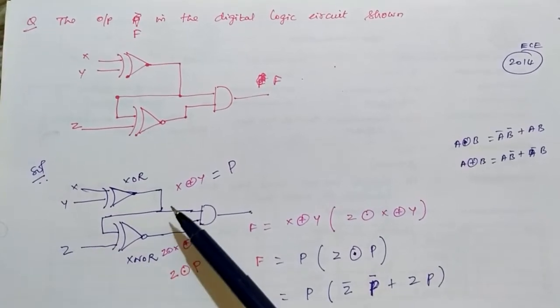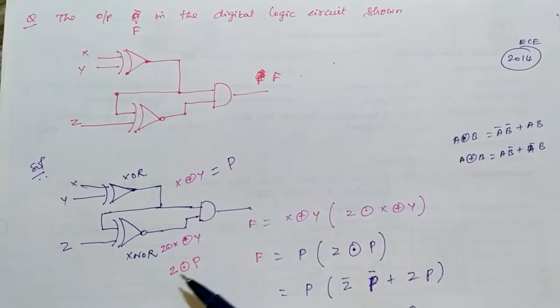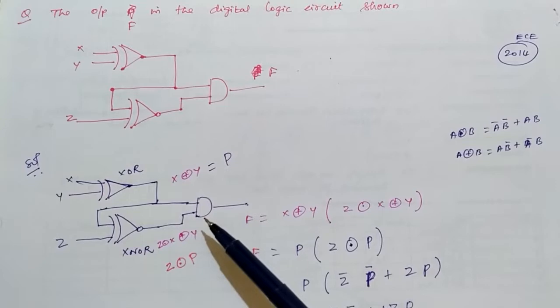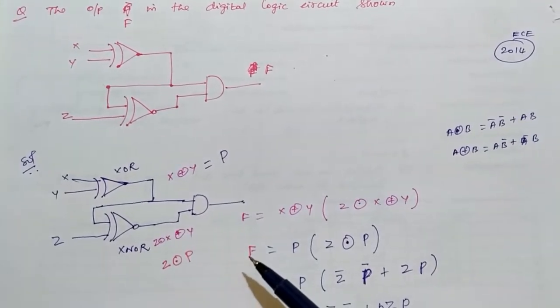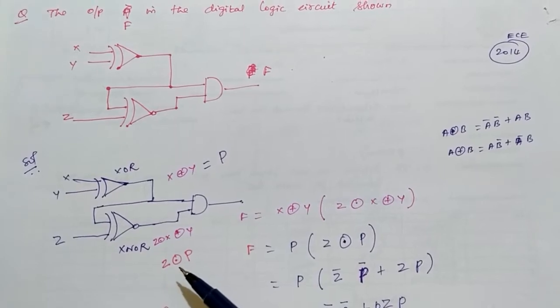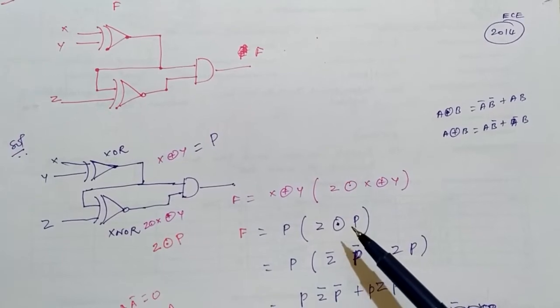One input is Z, another input is P. This is the output of the XNOR gate. These two inputs go to the AND gate. So the AND gate output has one input P, another input Z XNOR with P. So this is the output F.